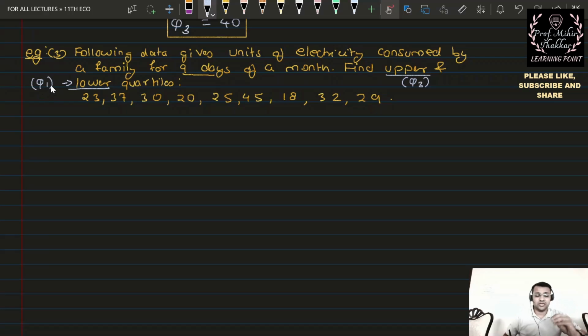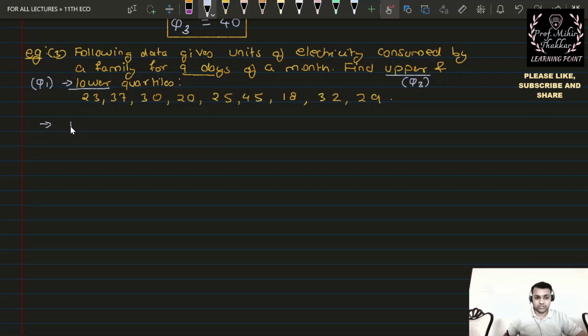So here you don't need to find the value of the second quartile or Q2. Whether you have to find all three quartiles or any one quartile, the first thing we have to do is arrange the data in the ascending order.